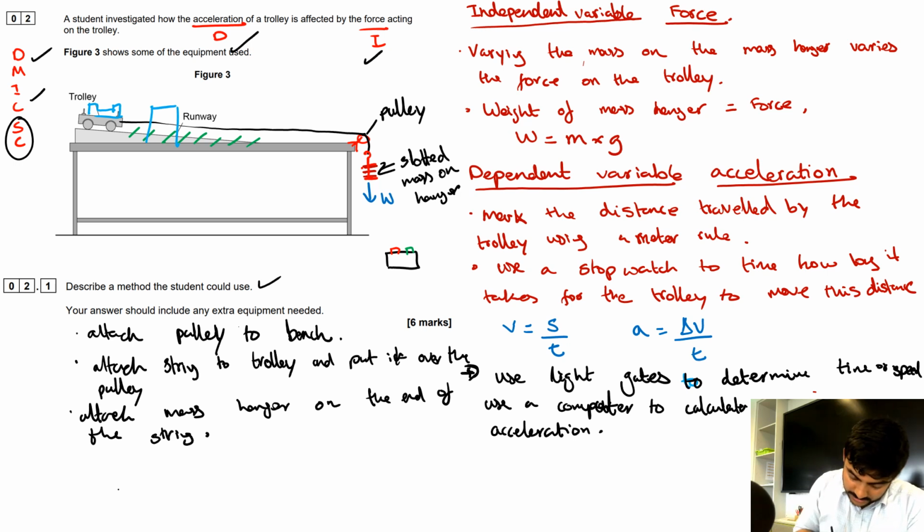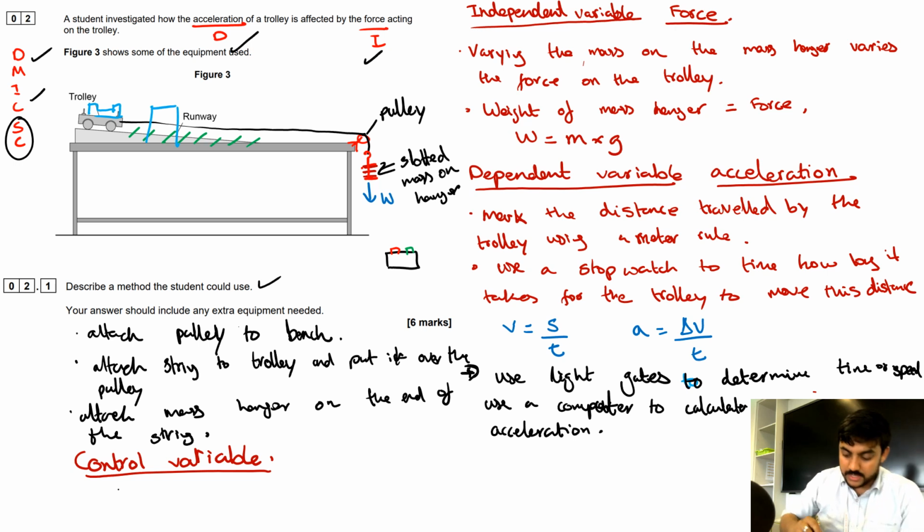Finally, the control variable. This is I'm going to take time with. Control variable. How awesome that this isn't even mentioned in the mark scheme, but for me it makes logical sense to talk about the independent, dependent and control variable of an investigation like this, especially seeing as this investigation is so complicated.